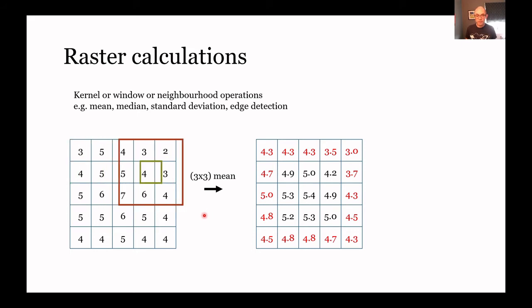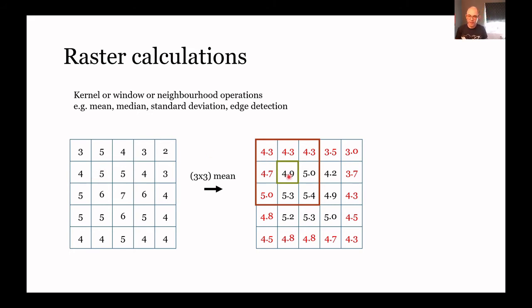And if we do that, we take the average of all 9 cells. This is a 3 by 3 cell. This could be larger, could be 5 by 5, 7 by 7. Generally speaking, it's an odd number by an odd number. And we can then create a new value in this center cell. So instead of being 5 there, we now got 4.9.